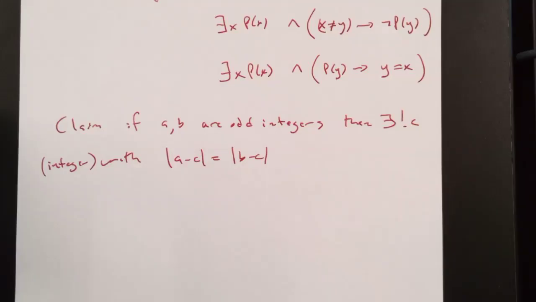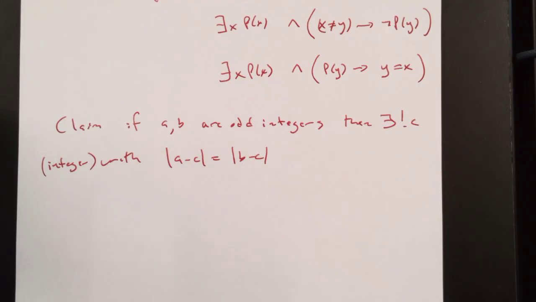Isn't 8? The absolute value of 8 minus 9 is 1. The absolute value of 8 minus 7 is 1. Two other odd numbers. 15 and 13. 14, right? One from each of them.